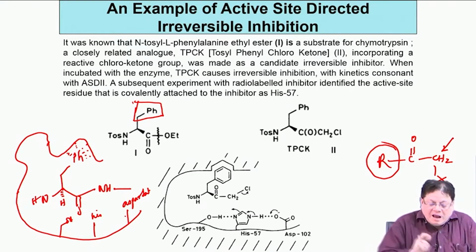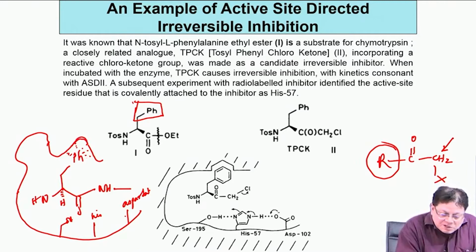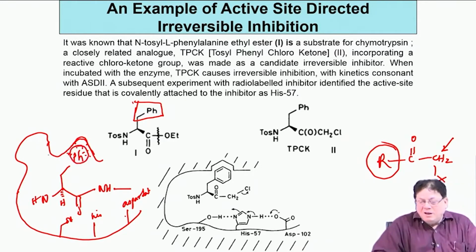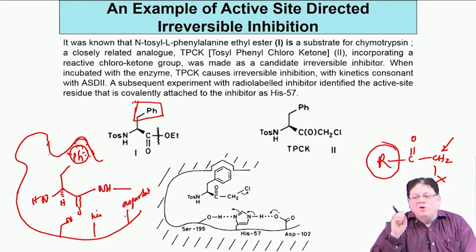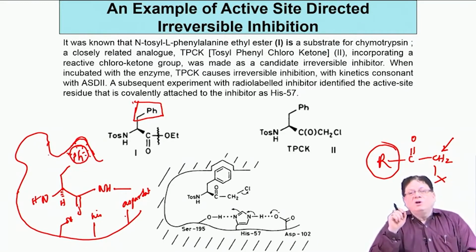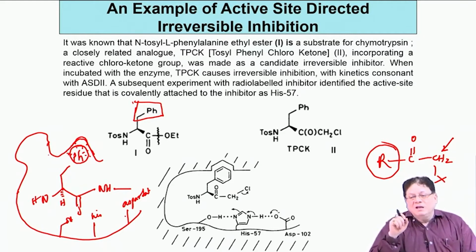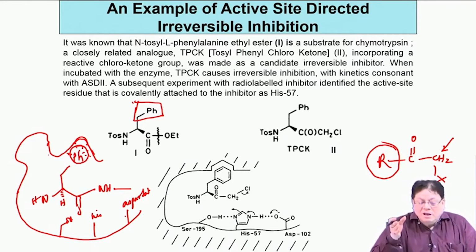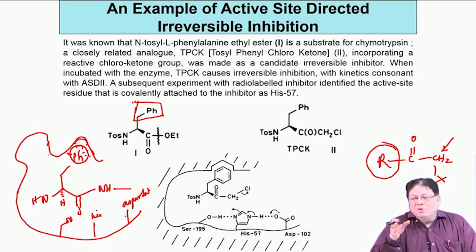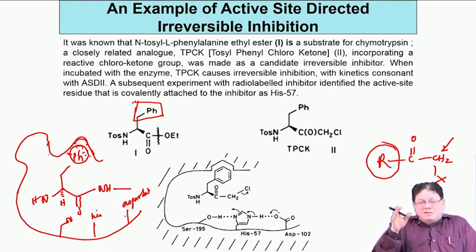Because of the presence of this pocket which only recognizes aromatic groups, chymotrypsin is specific for aromatic amino acids. Trypsin hydrolyzes only the basic amino acids like lysine or arginine.